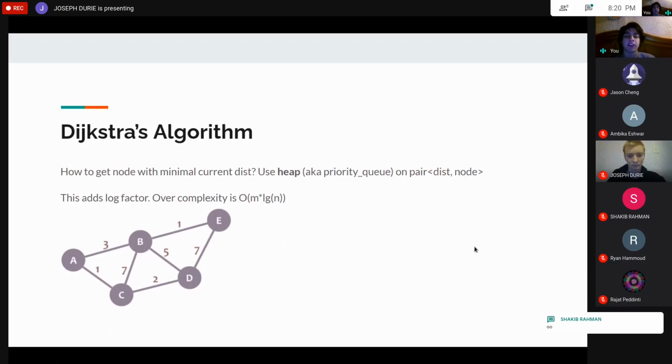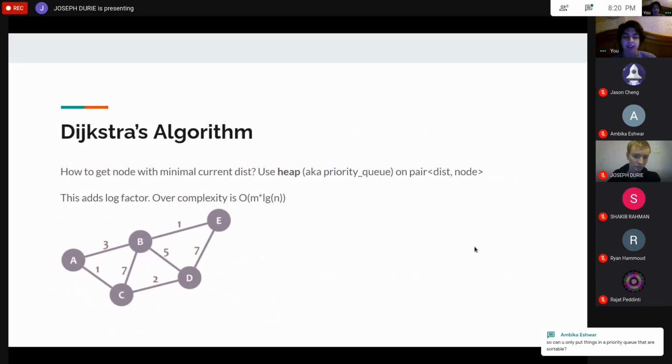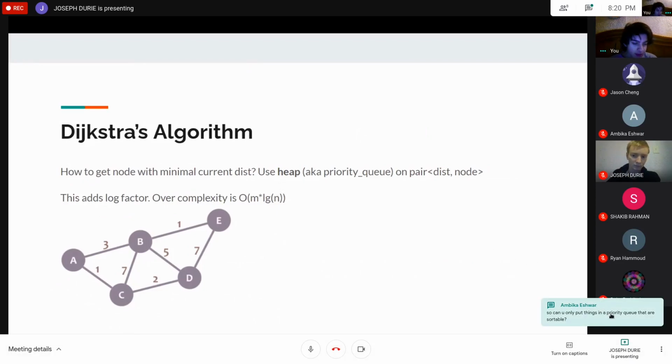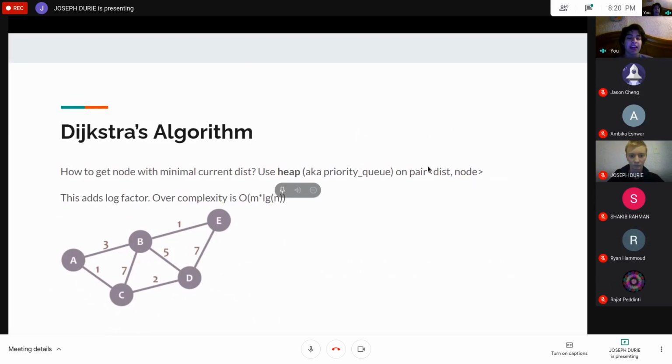It's also very easy to code yourself, but C++ also has it built in. Yeah, exactly. The constraints on the comparator are exactly the same as for sorting. You need to have a weak ordering. But in this case, everything is obviously sortable because you just have a linear order by distance, right?